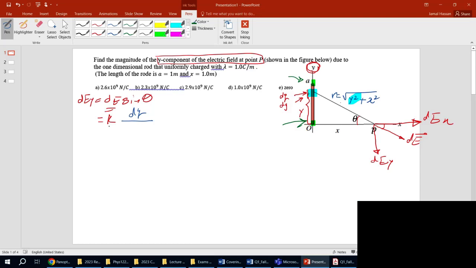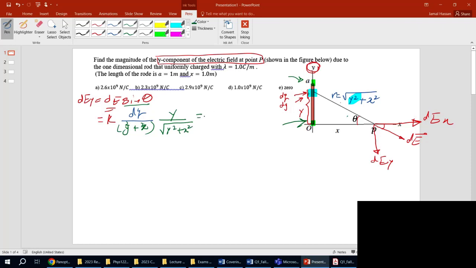So dE is equal to k dq divided by r squared, basically y squared plus x squared. X here is a constant, just equal to 1 meter. Sine theta, in this case, is equal to y divided by r, which is the square root of y squared plus x squared.